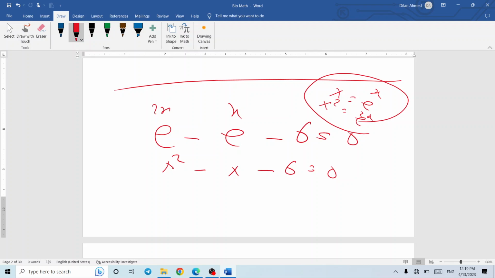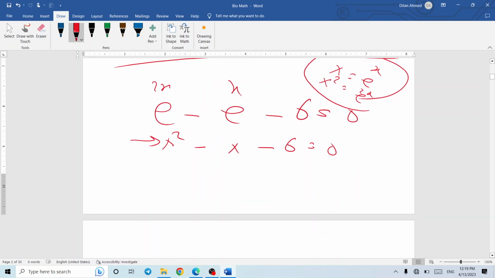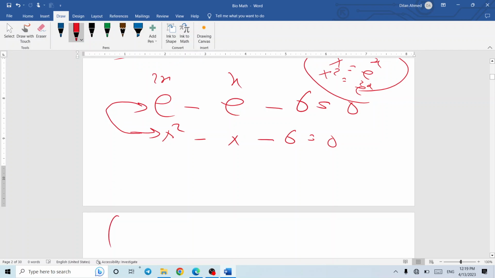Understood, dears? Good. Now how do we solve that one? By the same way, I'm going to solve the first one. How? We say x, you remember? Minus 3x plus 2. Do you remember? So where is x? I say here's x. e to power x, e to power x.